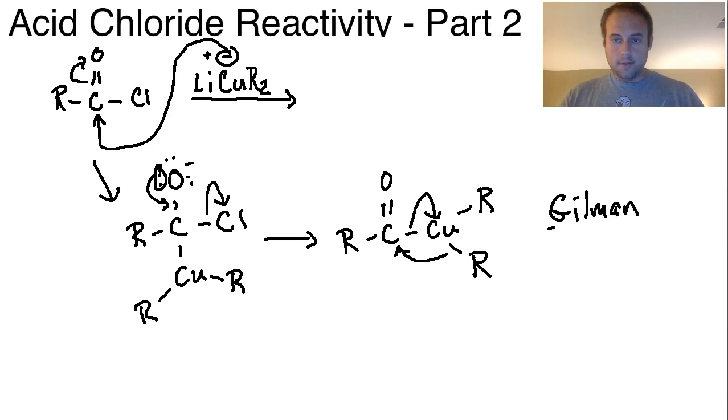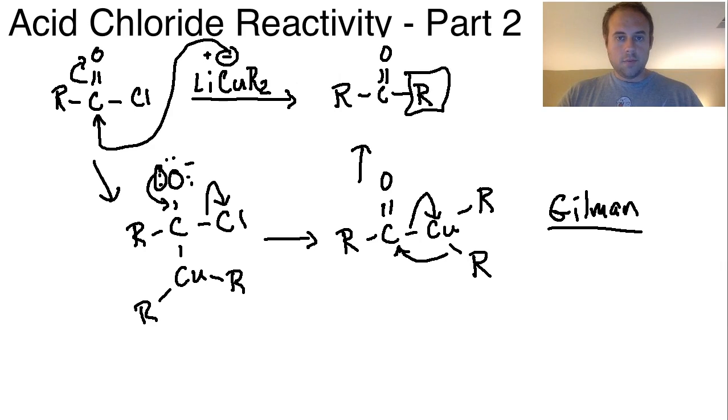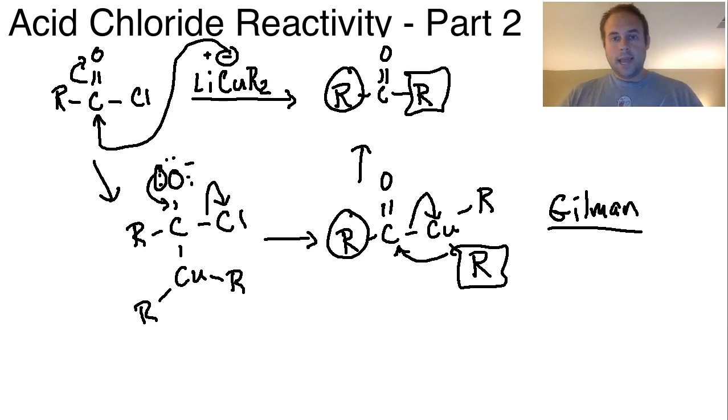So what I really will end up with here is a ketone, where this R group comes from this, and then one of the other R groups was whatever this was. And then, of course, as a side product, I end up with CuR, and that's just the leftover remnants of the Gilman reagent. All right?